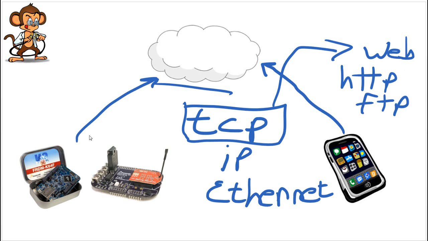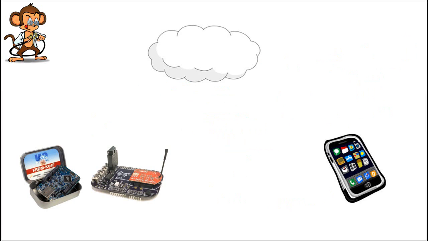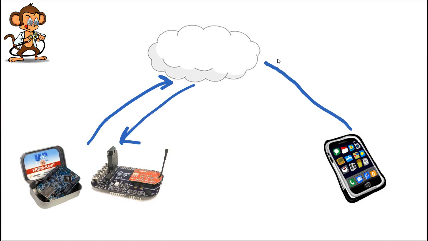that through some network, and let me get up a brand new slide here. There we go. The way, for example, a web server would work is that some device would go into the cloud to make a request from a server, and then the data would come back. In the case of a smartphone, it would have to go up to the cloud, and on this cloud, maybe a web server.